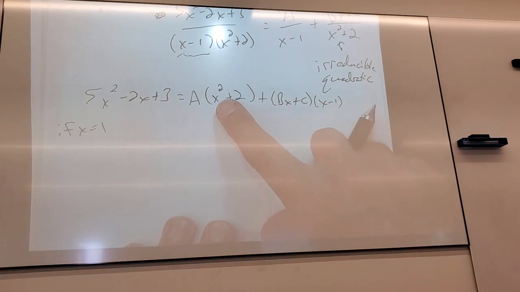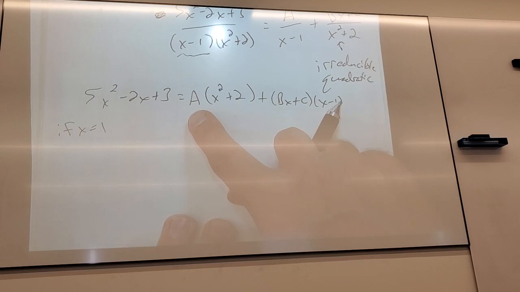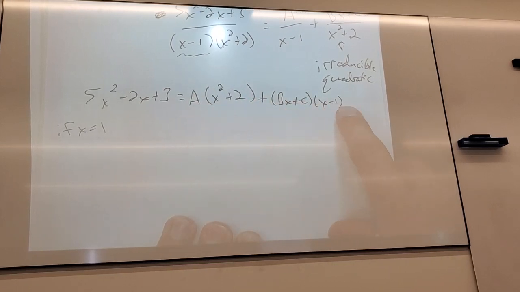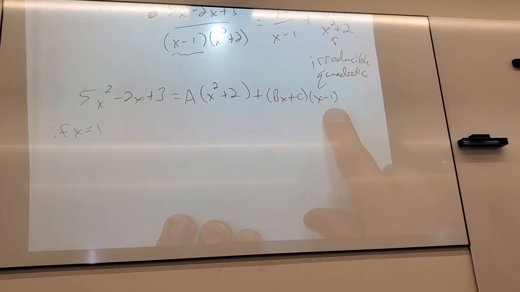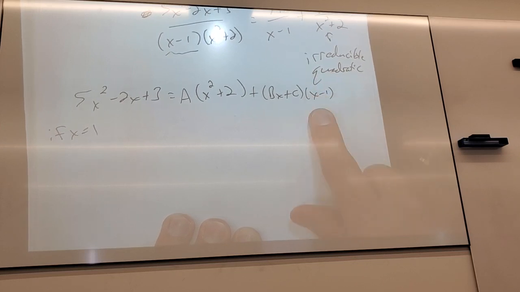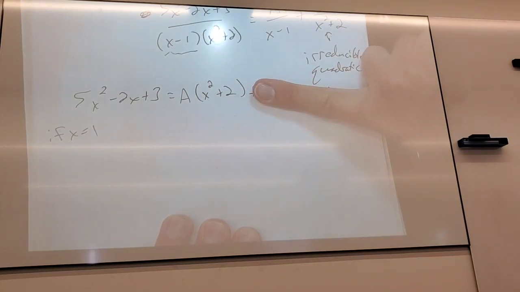What would happen on this side if I made x equal to 1? Any number I put in would work, but what happens specifically on this side? That whole second term would be 0 and goes away. Then I can figure out what A is, easy.